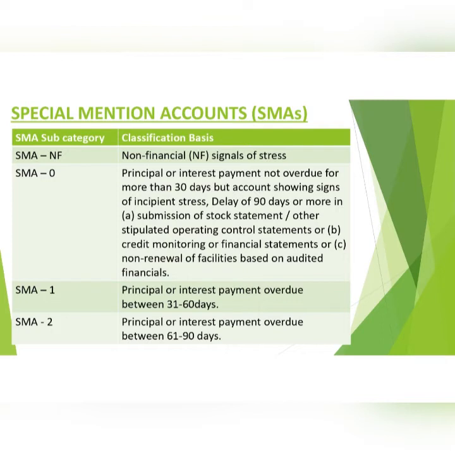For example, if the principal or interest payment is overdue for up to 30 days, then it is a case of SMA 0. Similarly, if the overdue period is between 31 to 60 days, then that will be classified as SMA 1. On the other hand, if that overdue is between 61 to 90 days, that will make an asset SMA 2.